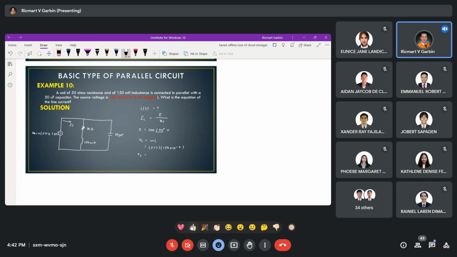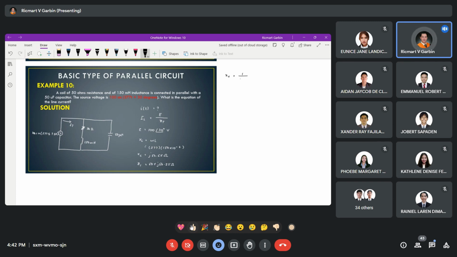So what is our inductive reactance? Let me compute. So we have j 56.55 ohms. Therefore, ang ating Z1 is equal to 50 plus j 56.55 ohms. Next is capacitive reactance naman.